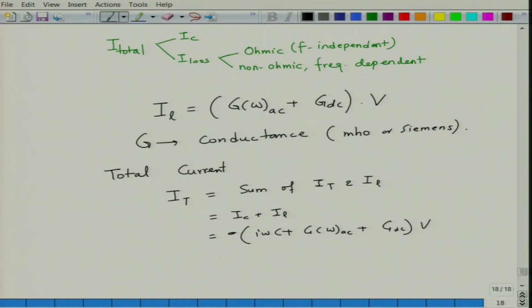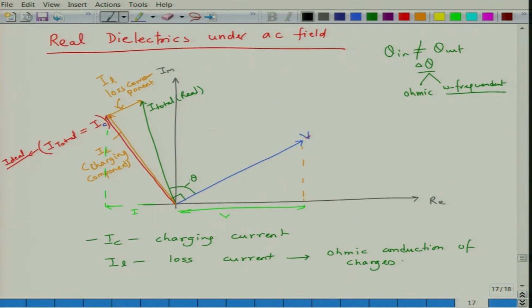This is what the total current is, and this angle, I have written theta, you can also write it as delta. This delta is called the dissipation factor.